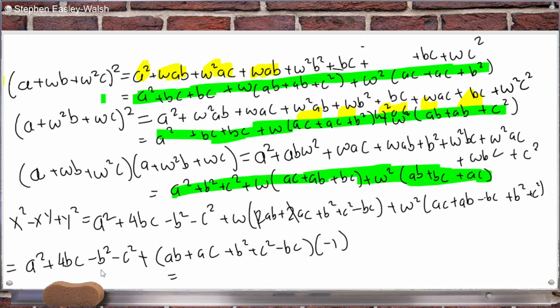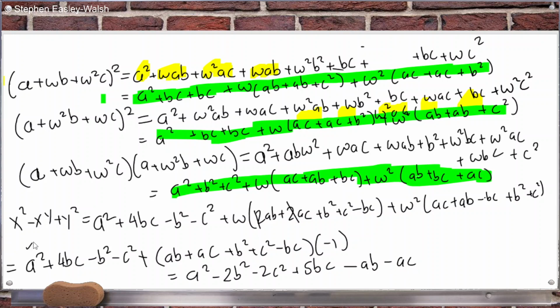A squared, and then minus B squared minus B squared, so minus 2B squared minus 2C squared, 4BC plus another BC, so that's plus 5BC, minus AB minus AC.